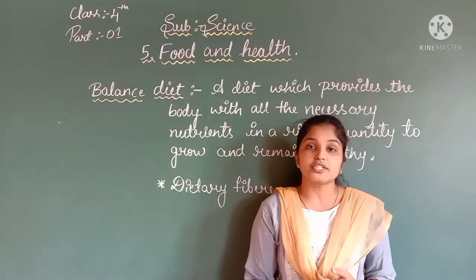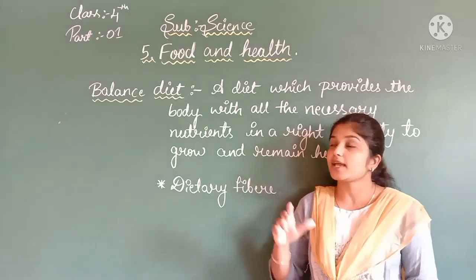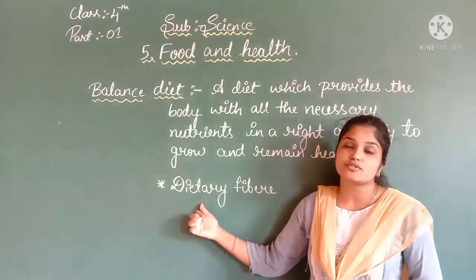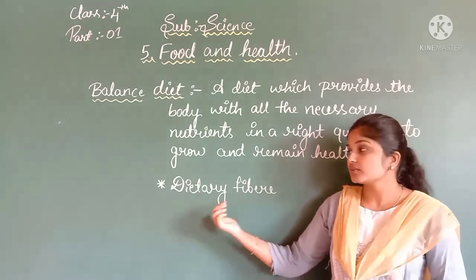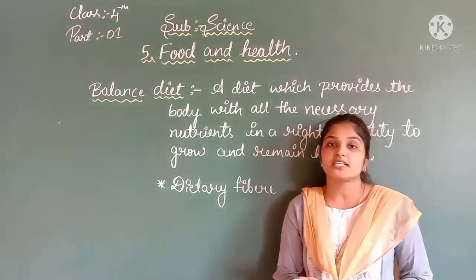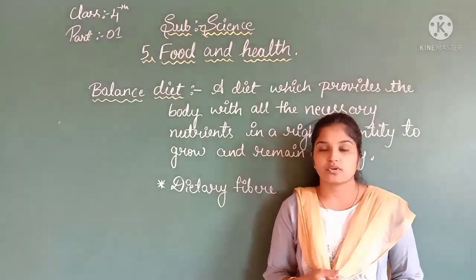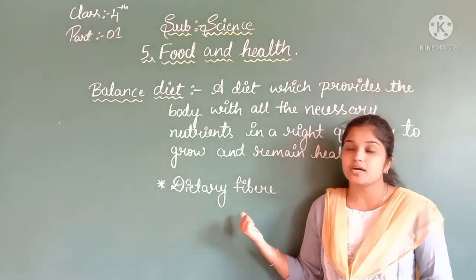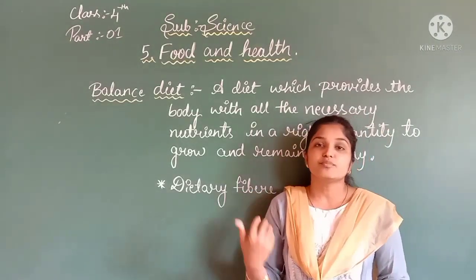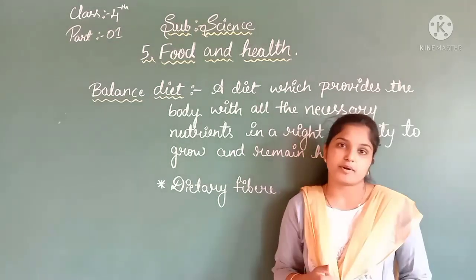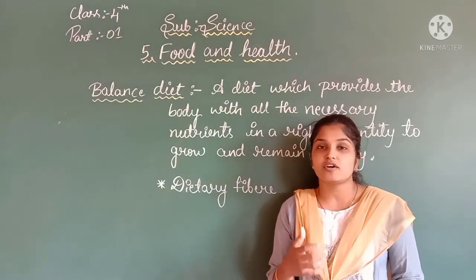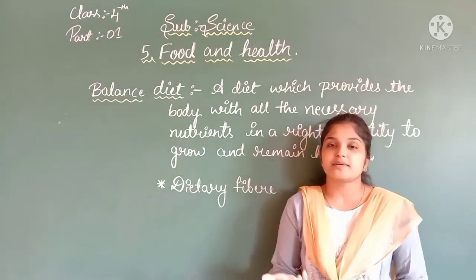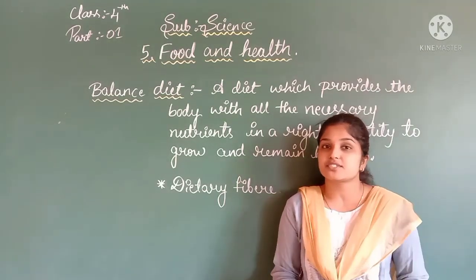In addition to the nutrients, a balanced diet should also contain dietary fiber. Dietary fiber cannot be digested easily, and it helps in removal of waste materials from our body. Waste materials are nothing but undigested food.